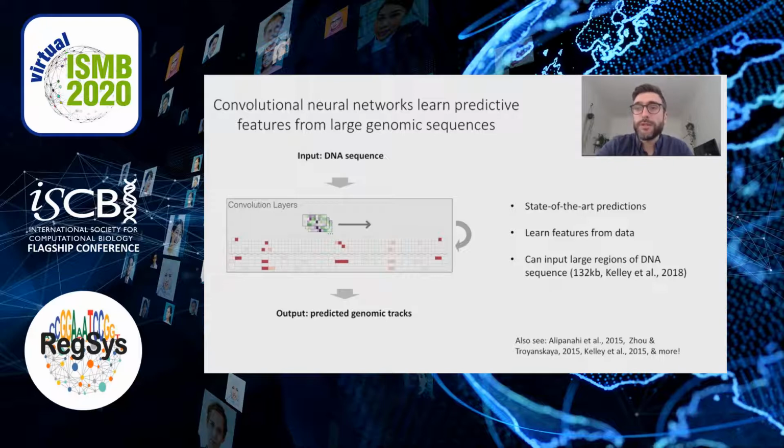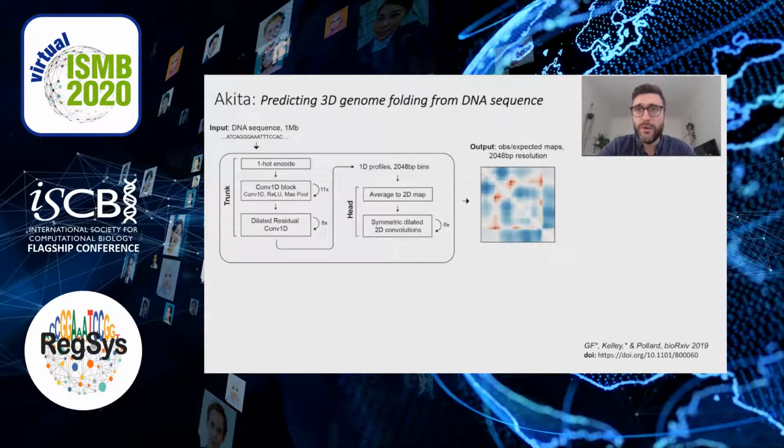And importantly for us, CNNs can actually learn features from the data as opposed to needing them to be exhaustively designed by hand. Interestingly, some of the same architectural innovations that have been really fruitful for images and natural language processing also seem to really help performance in genomics, including things like dilated convolutions and residual connections between layers.